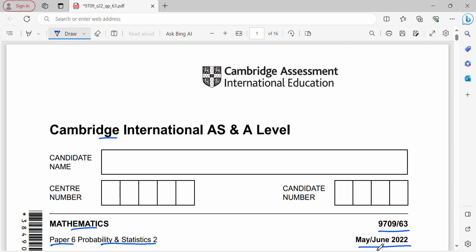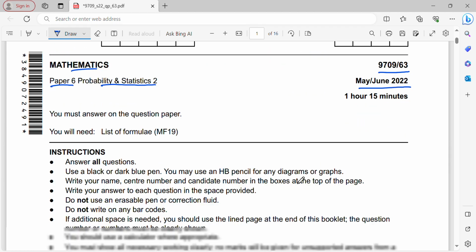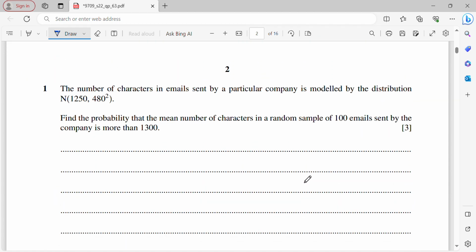Okay, so let's move on to question number 1. The number of characters in emails sent by a particular company is modeled by a normal distribution with mean 1250 and variance 480 squared.